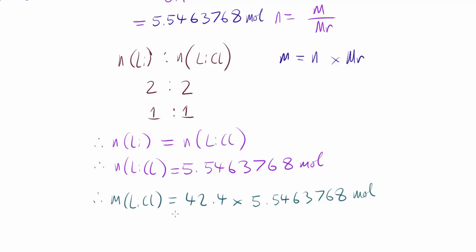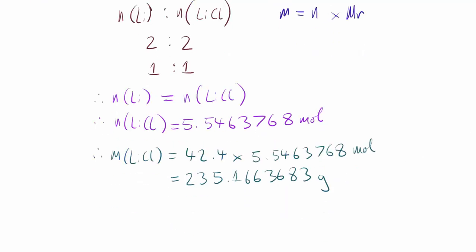What's that going to give us? If you work that out, what you should find is 245.1663683, and that's in grams. That is what we get for m when we work this out.